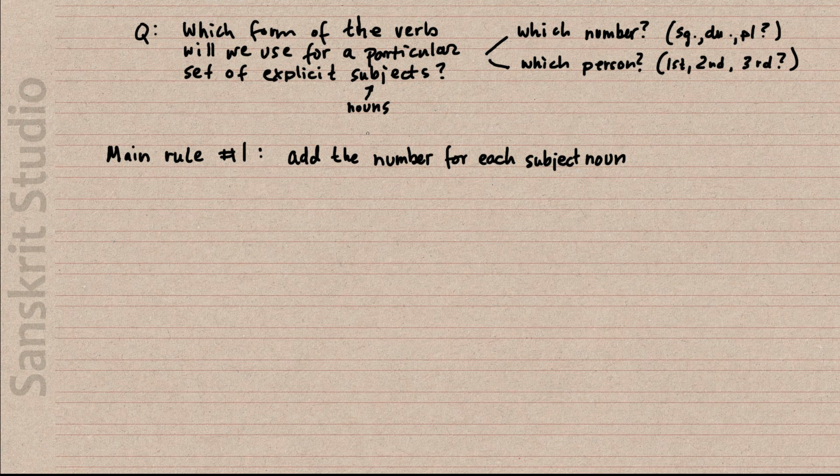They could be, for instance, proper nouns like names, Rama, Krishna.